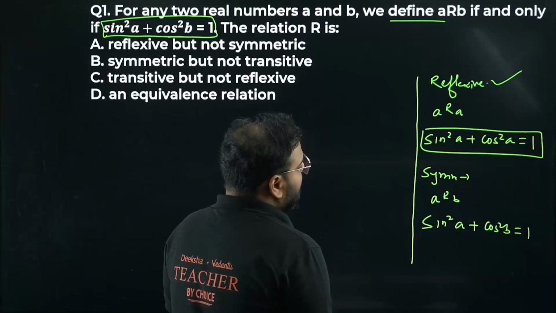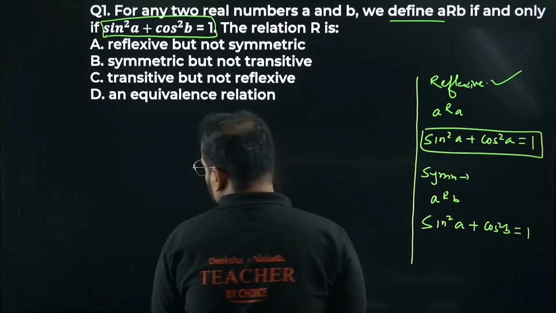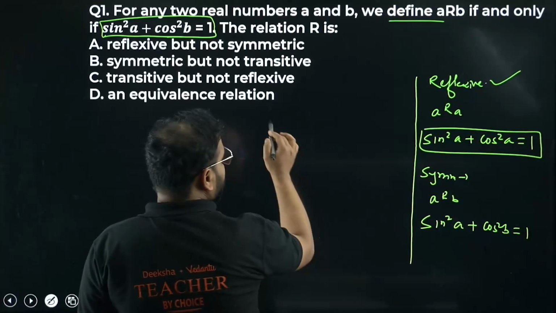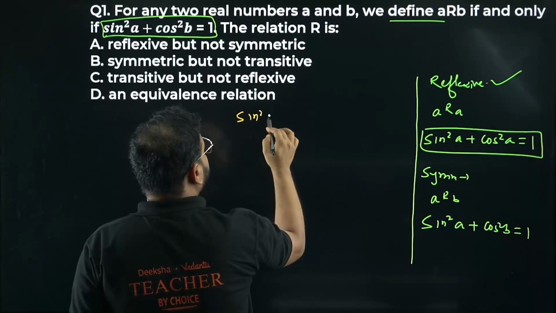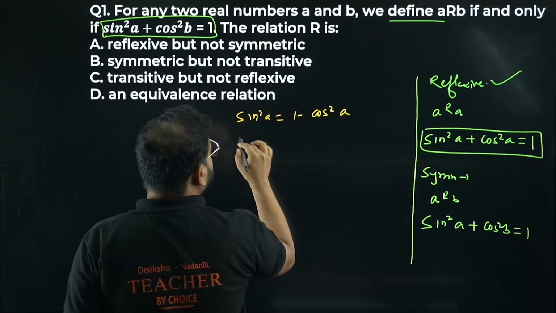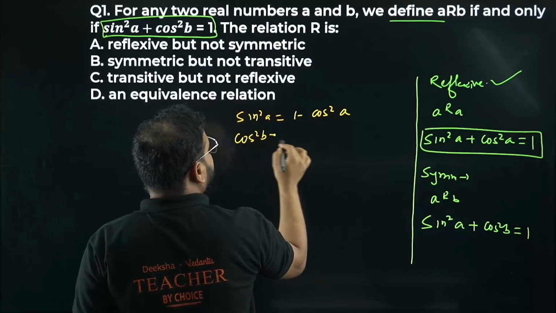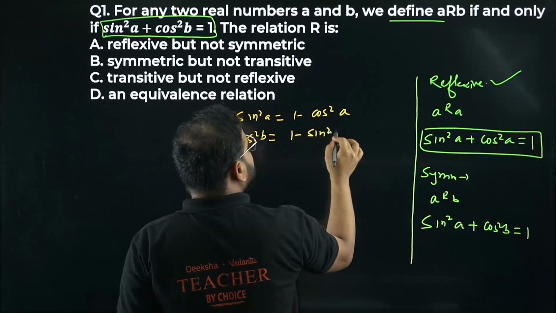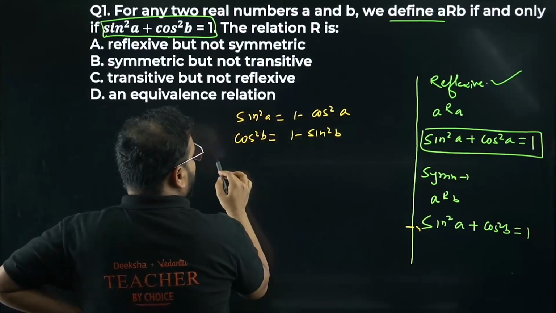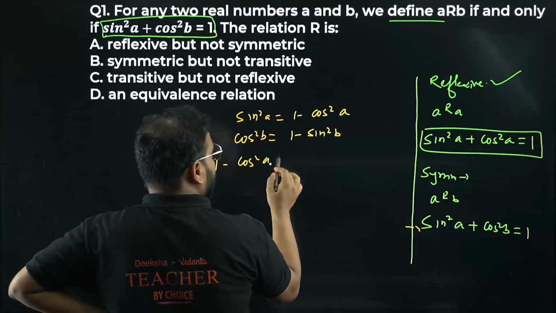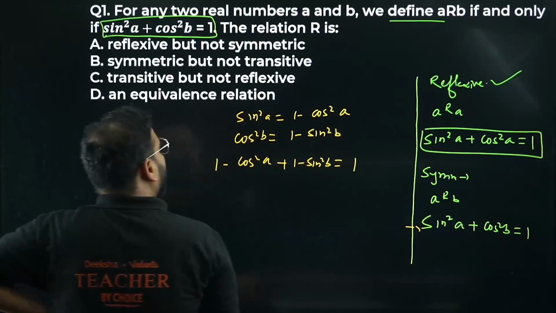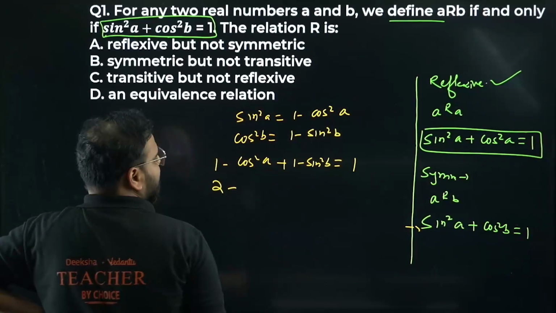Check it out. We can use an identity again. I can write sin square A as 1 minus cos square A, and cos square B as 1 minus sin square B. Now put it back in this form: 1 minus cos square A plus 1 minus sin square B equals 1. 1 plus 1 is 2, take the minus sign common.